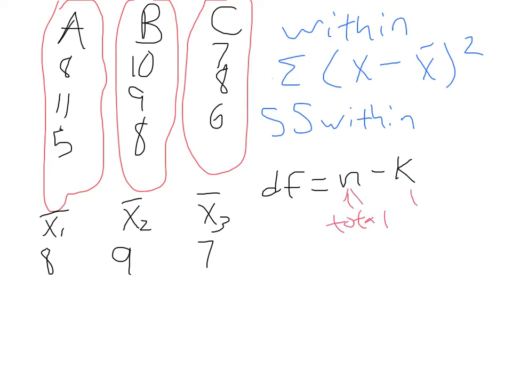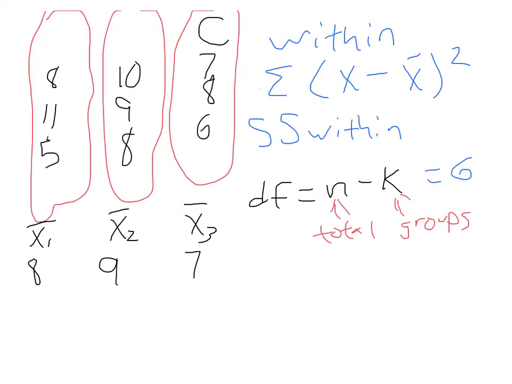So in this case, the degrees of freedom would be 9 minus 3, which is 6. So that's one type of variability, the variability within groups. Another type of variability is the variability between groups. To do between groups, we look at the difference of the differences between the means. Let's keep that in mind as I look at the next slide.